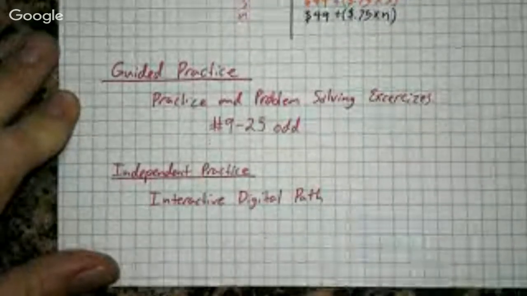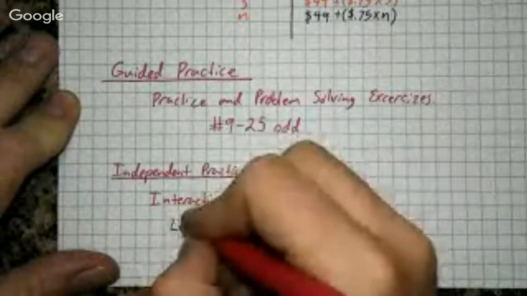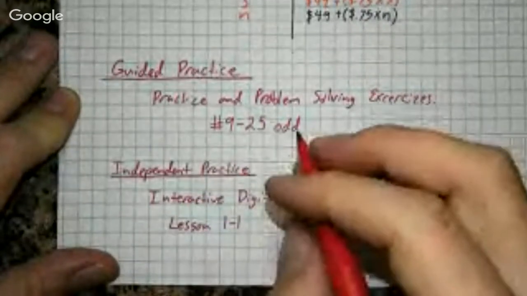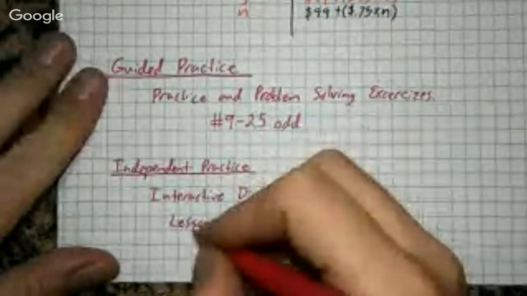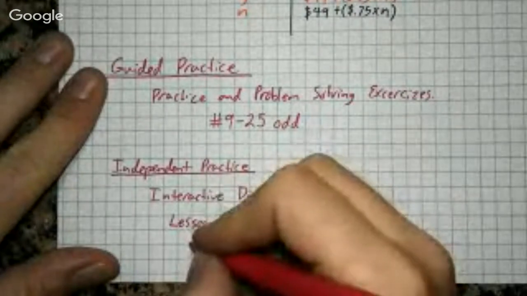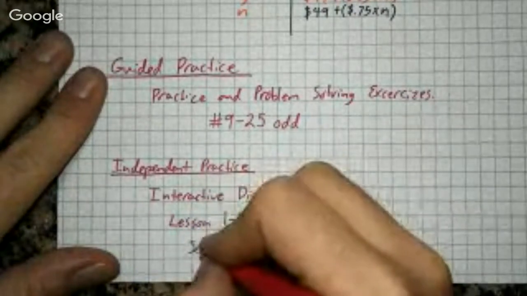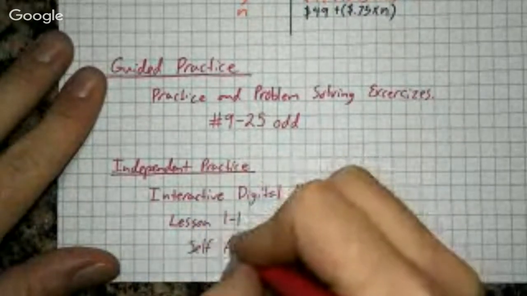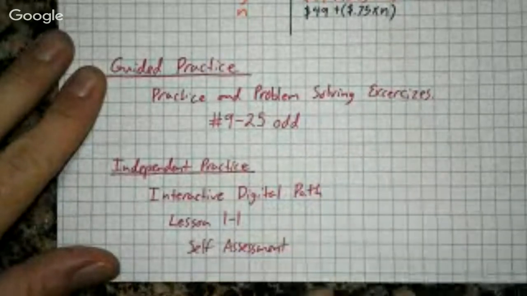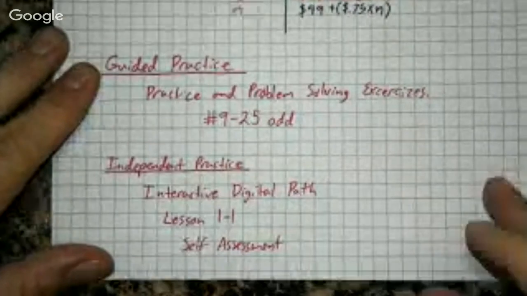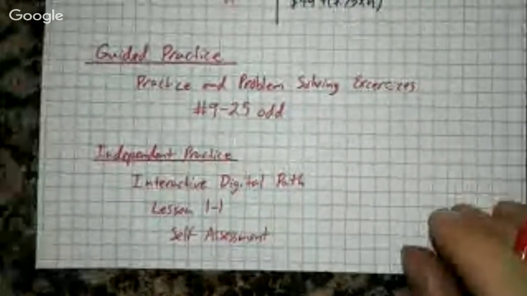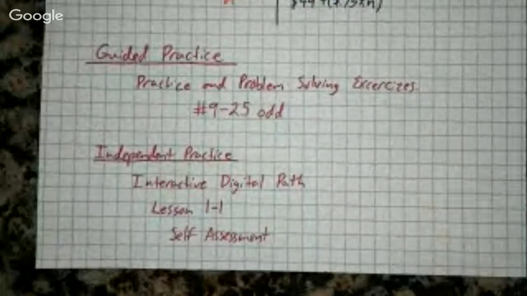When you go to the interactive digital path, you are going to go to lesson 1-1, and there's several options there. You can review any of it if you want, but what I want you to do is the self-assessment. The self-assessment is going to help you see how you understand this material. And you can always review the resources that are there as well. There's plenty of stuff there.